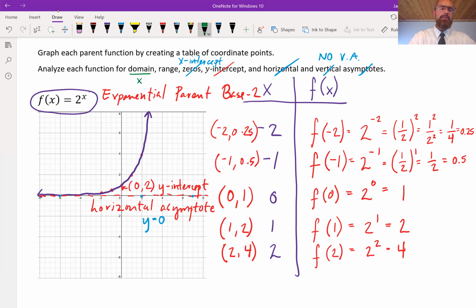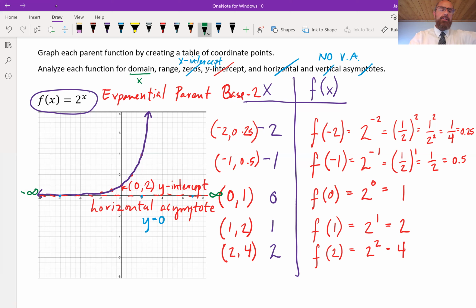Well, let's investigate for this exponential parent base 2. So over here on the left, we traditionally call that negative infinity. And what that's saying is over to the left, all those numbers become more and more and more negative as you go to the left. On the right-hand side, we would call that positive infinity for the same reason, with the difference that the sign on the right is positive, and the numbers climb and get larger and larger and larger the more we go to the right.